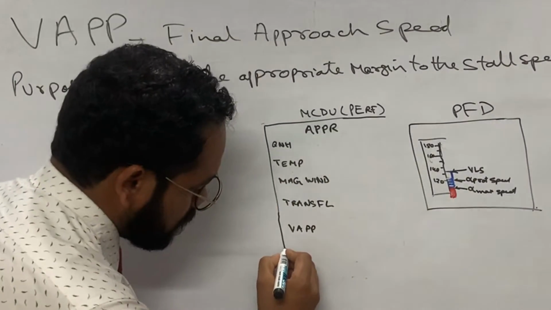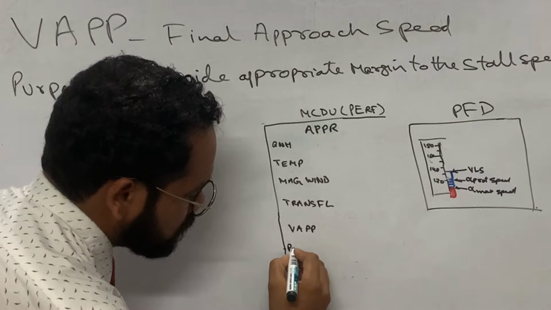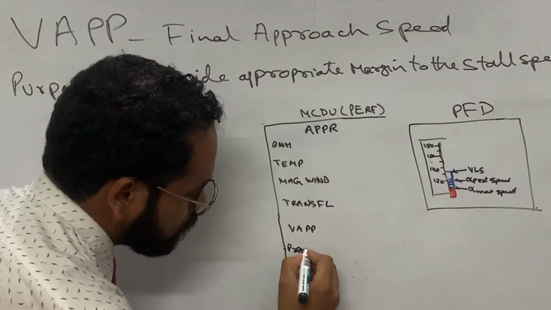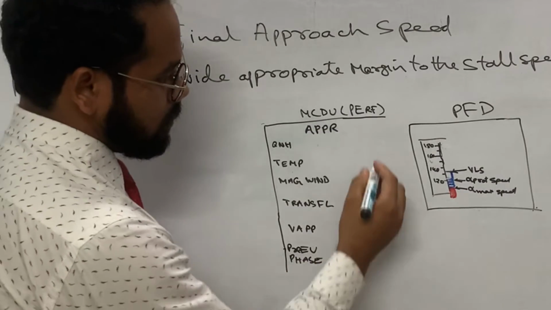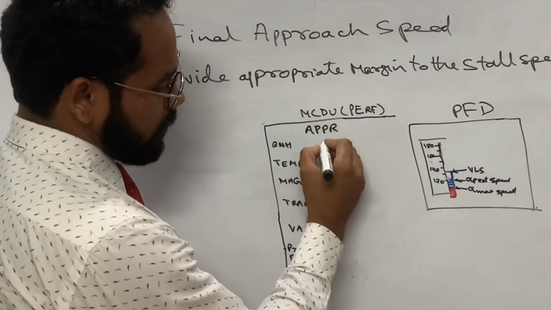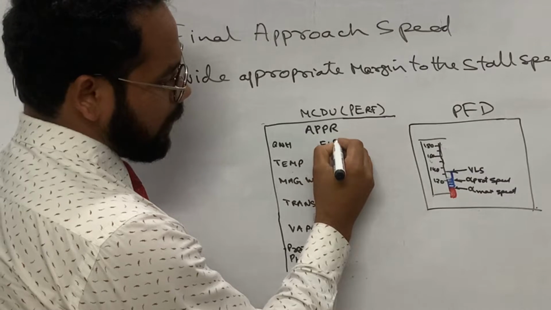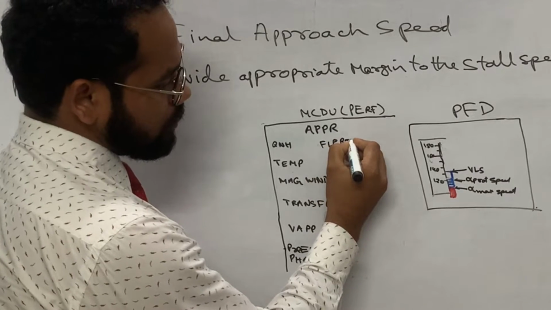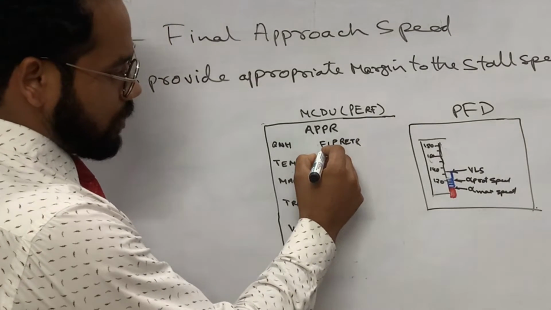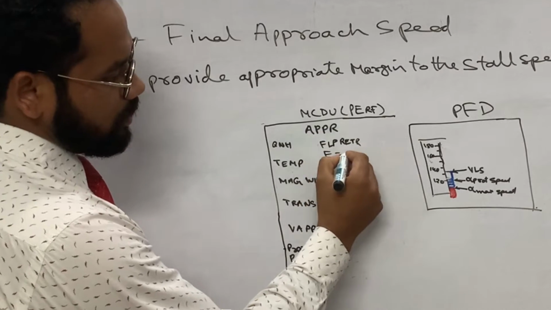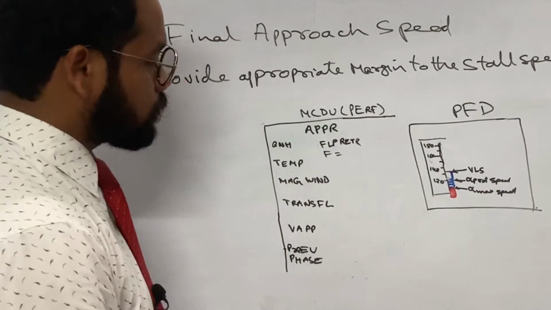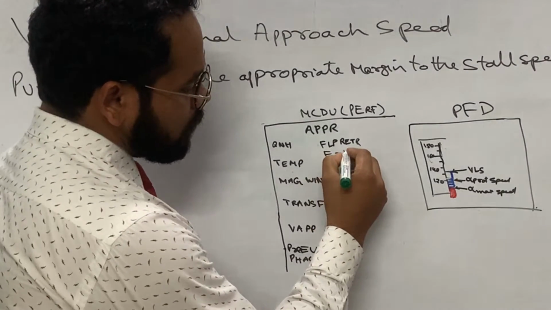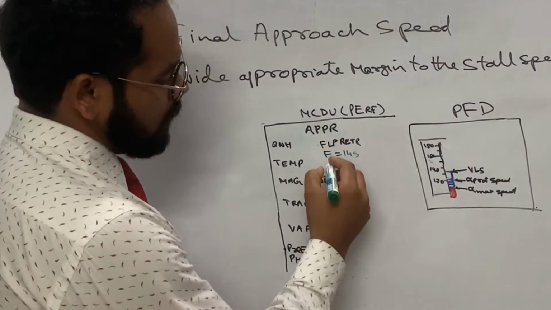What else do we get on this page, friends? Here in the end we have previous phase, and rest. We have the flap retraction speeds. Some speed will be written here, flap and some speed, suppose the speed is 145.